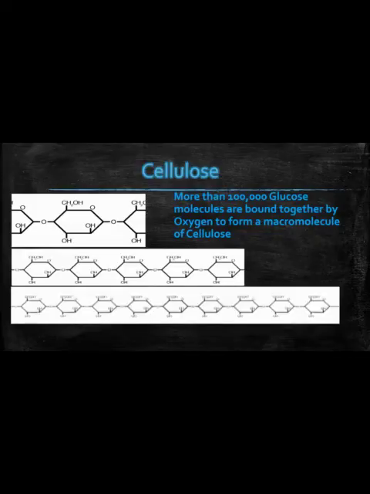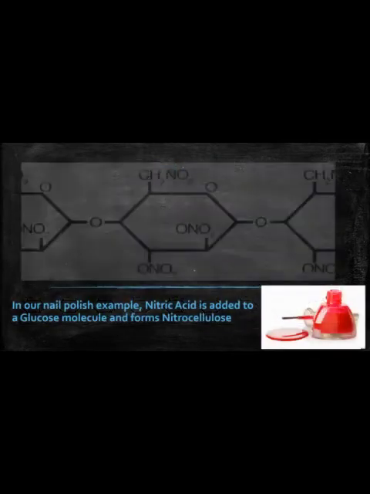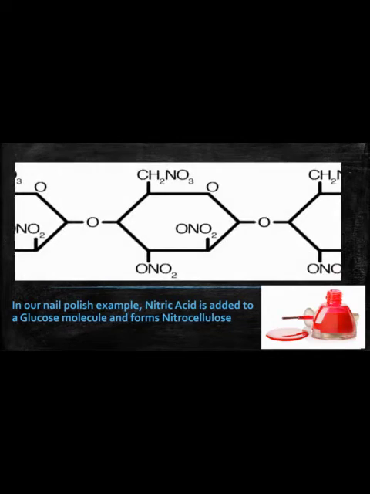More than 1,000 glucose molecules are bound together by oxygen to form a macromolecule of cellulose. In our nail polish example, nitric acid is added to a glucose molecule and forms nitrocellulose.